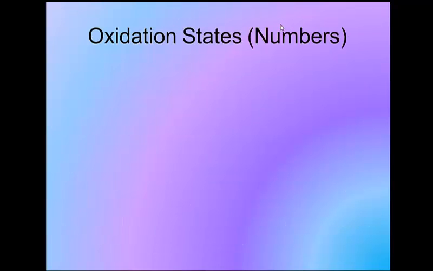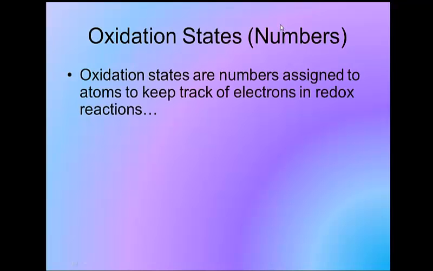Alright, oxidation states. This is bookkeeping, just pure and simple bookkeeping. Yes, some of them will be very similar to the charges, but it is really just keeping track of the number of electrons being transferred. Oxidation states are numbers assigned to atoms to keep track of electrons in redox reactions.